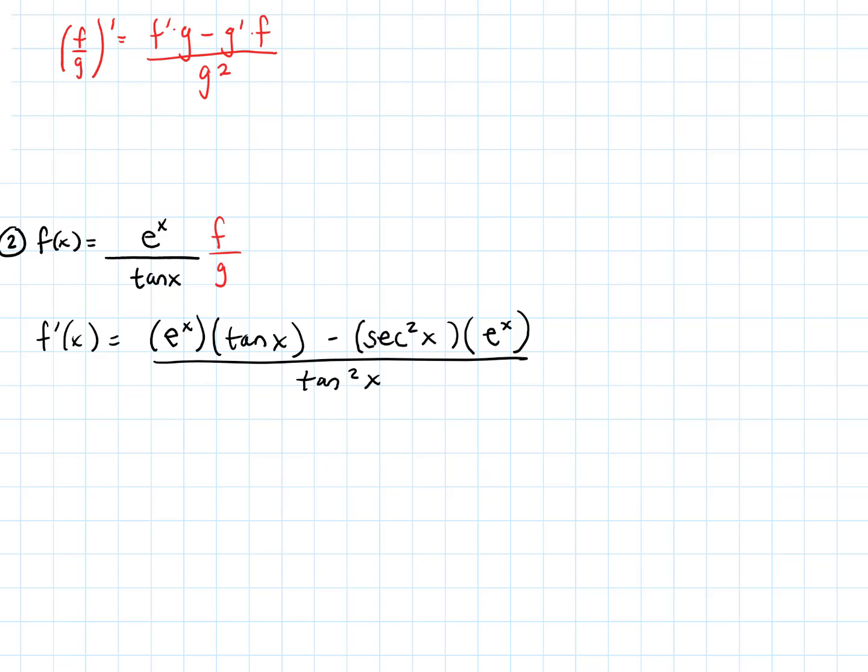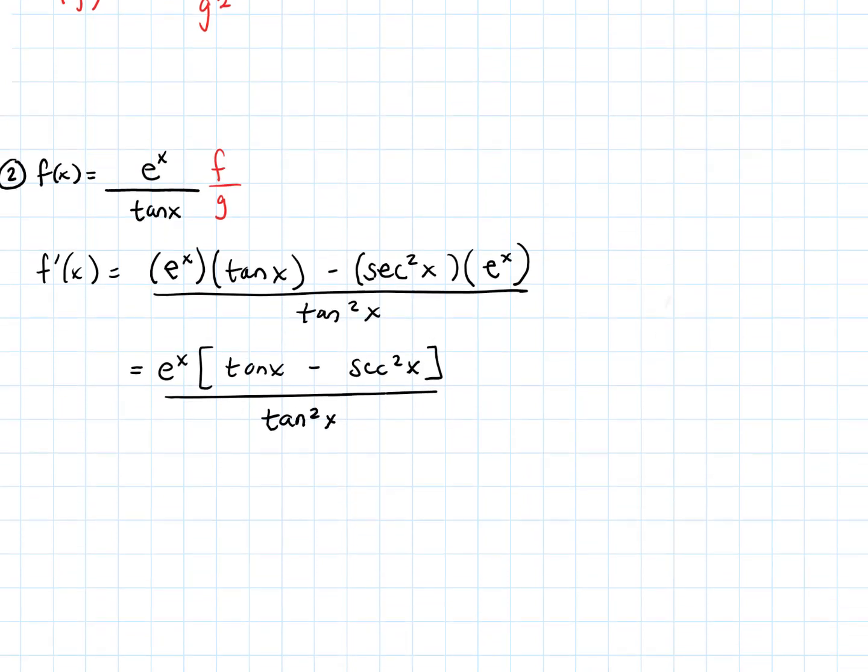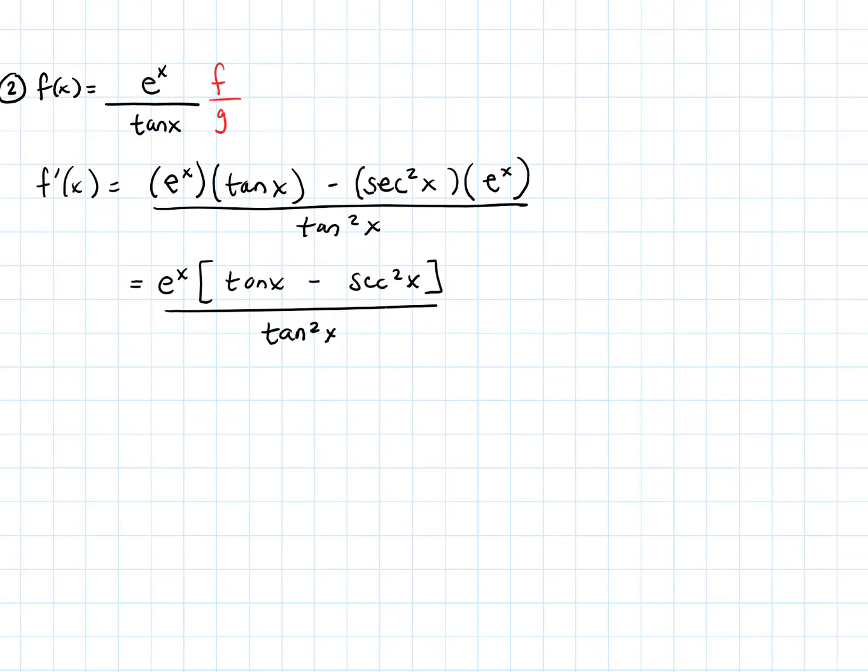Here, is there much we could do? We obviously have that e to the x in the top, so we could pull that out, leaving me with a tangent of x minus a secant squared of x, over a tangent squared of x. Now, if we wanted to, we could continue and simplify.